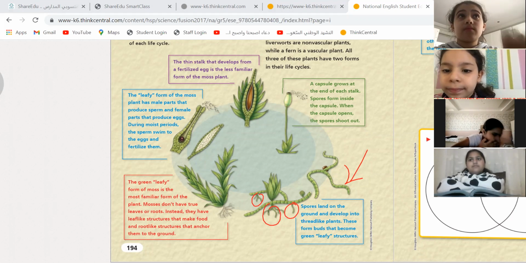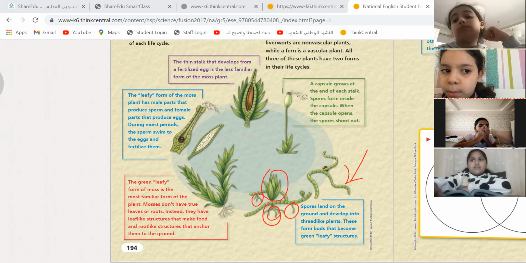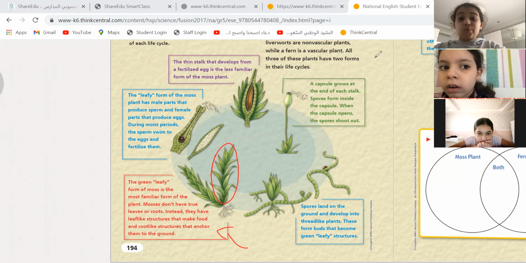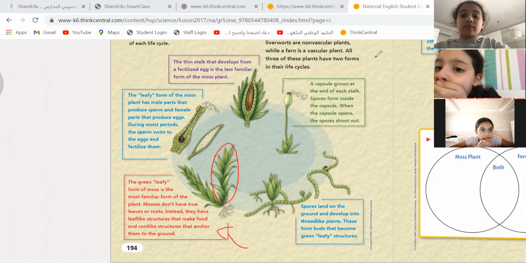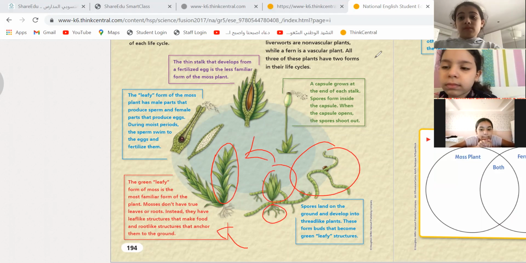After they grow, these buds will have leaves like this one, okay? Later, they will become the green leafy plants that form mosses, okay? That's simple. They are very simple. See, if they land on the floor and they have enough water, they will have buds, then leaves, then big leaves. See?